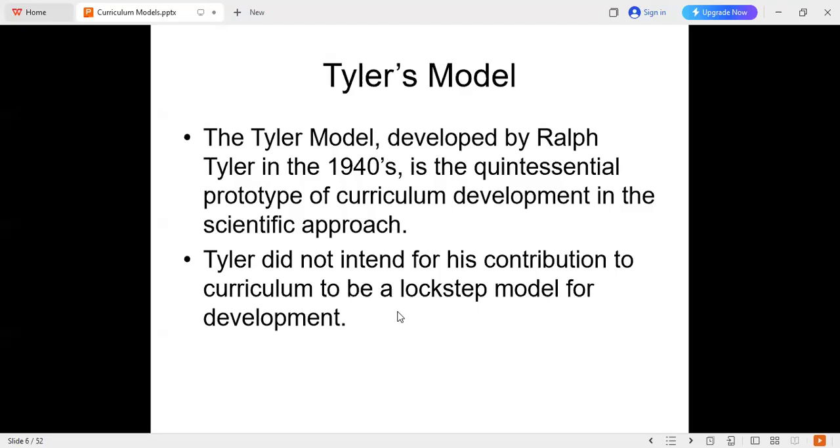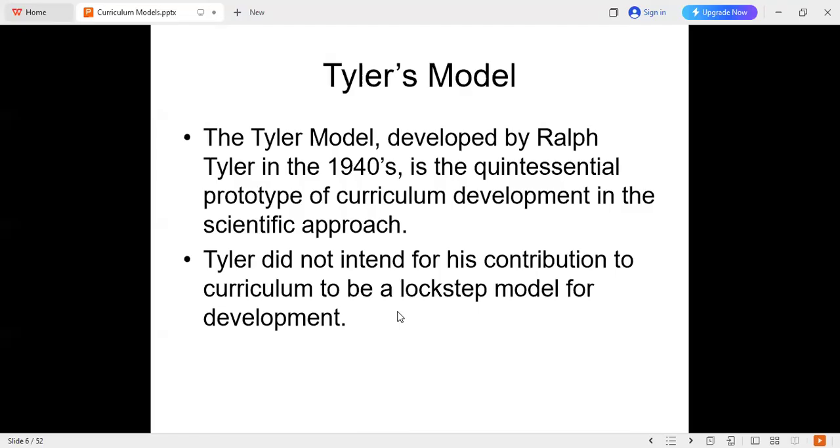Before him, we had no such model. Taylor is the person who first introduced a model to identify the steps of curriculum, and curriculum developers used Taylor's model even in this country in the mid-20th century.